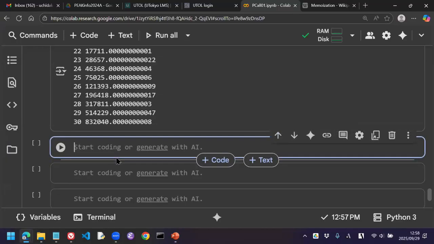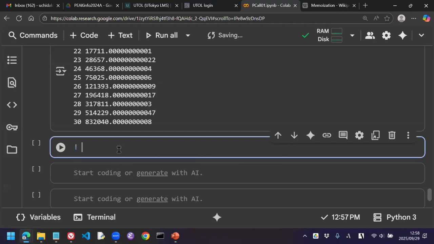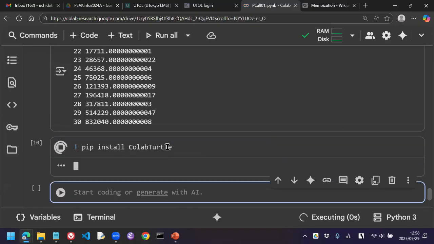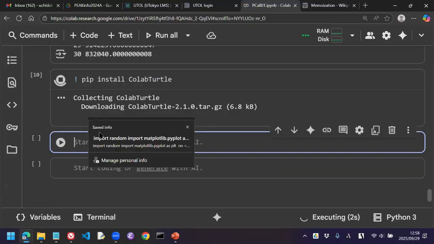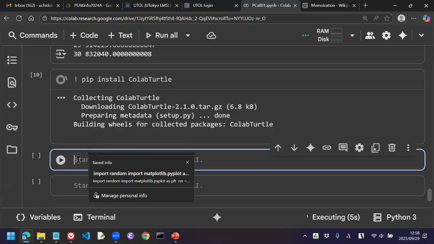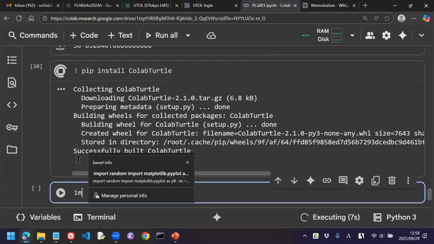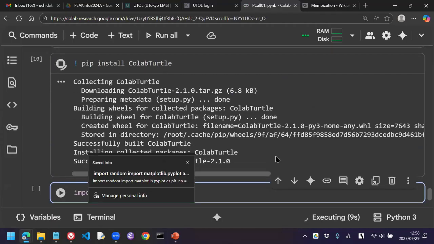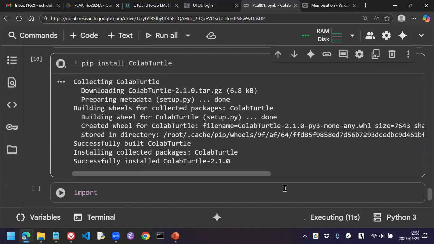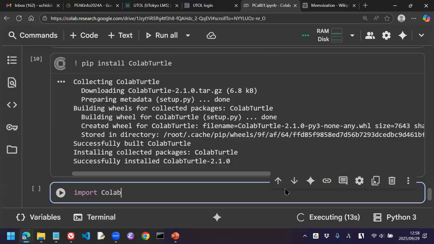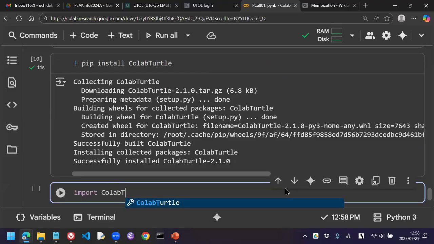To use it, as you know, if you remember, pip install ColabTurtle. Okay, let's install, and in the meantime, let's import ColabTurtle as t.